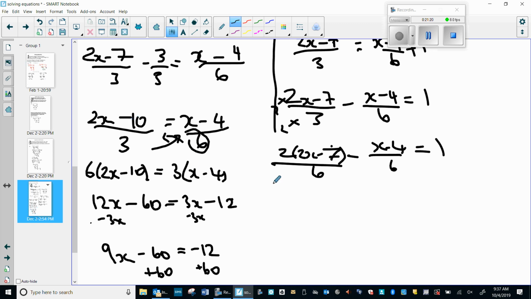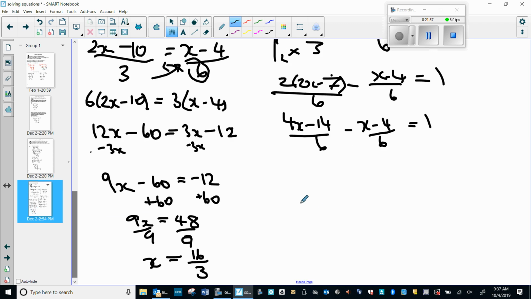So then we've got 4x minus 14 over 6 take away. Now, this is where you've also got to be careful because we're taking away both of these two things, remember? So we've got a single denominator, and then we've got 4x take away x, so that's our 3x. But we've got negative 14 take away negative 4.